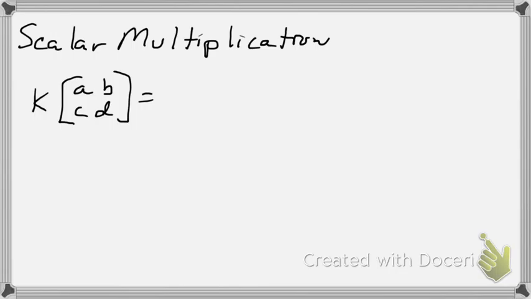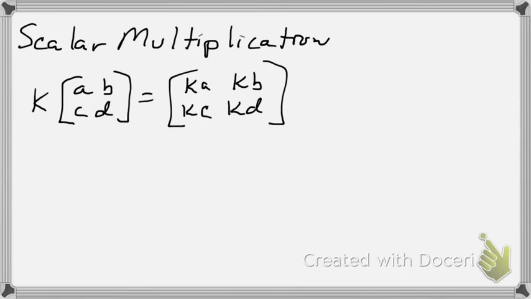And all you do is you multiply all of the numbers in the matrix times k. It's basically a distributive property type situation. So ka, kb, kc, kd. All right.